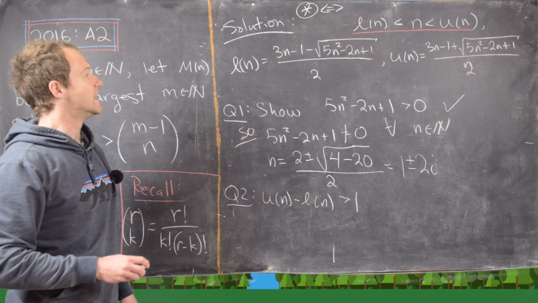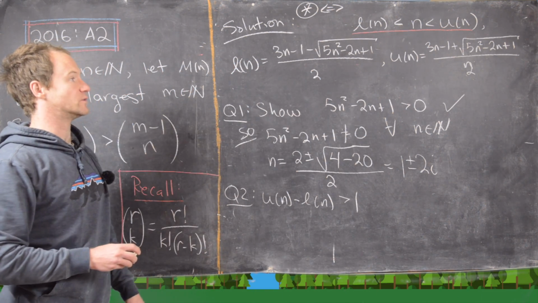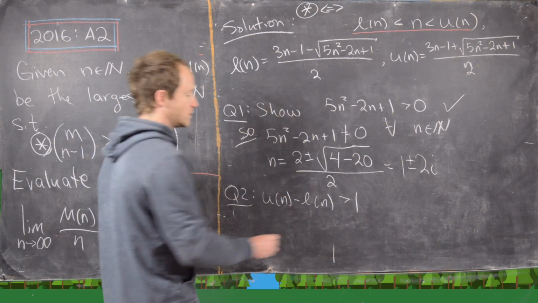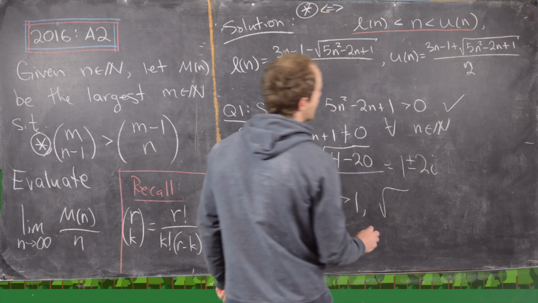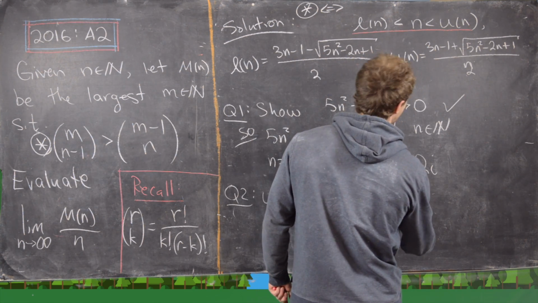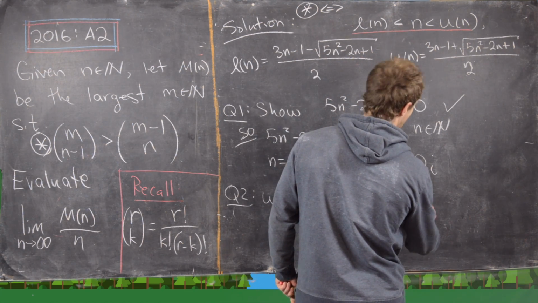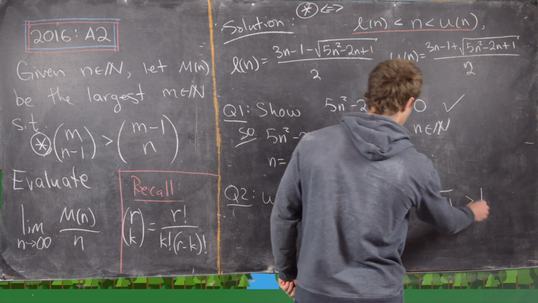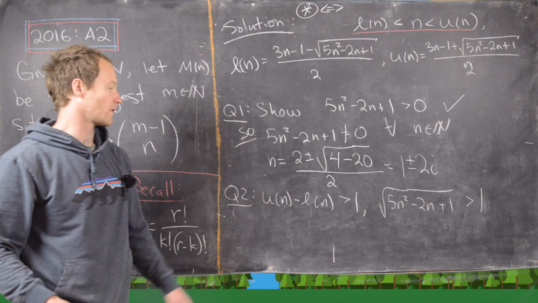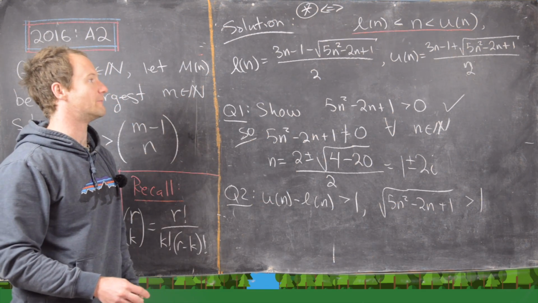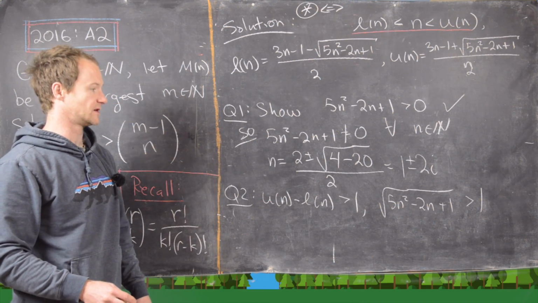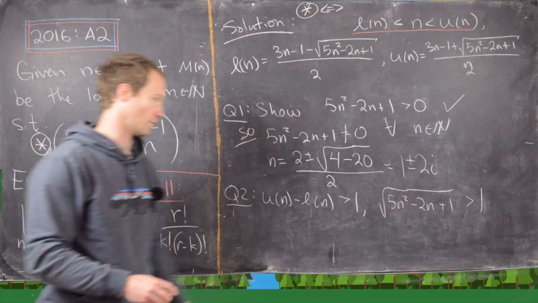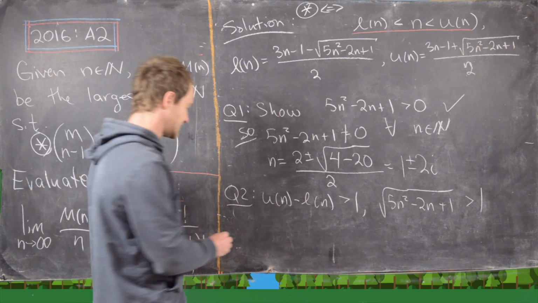So notice if we do the difference of these two, what will we get? The 3n minus 1s will cancel, and we'll just get the square root part. So the square root of 5n squared minus 2n plus 1 has to be bigger than 1. That's what U of n minus L of n is. And how can we show that that is bigger than 1? Well, let's go ahead and square both sides.